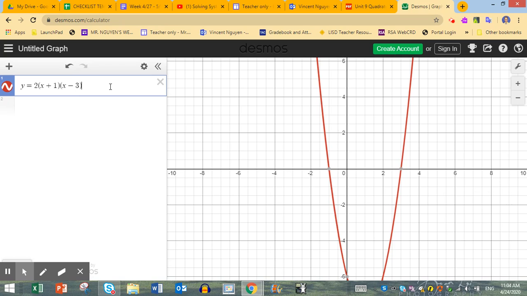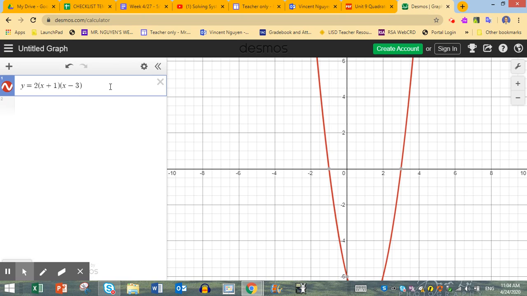Notice Desmos will graph equations in any form. So that's the nice thing about this, right? We're not going to talk only about the solutions of this equation, but every other aspect of this equation could be found on the graph if you were to use Desmos.